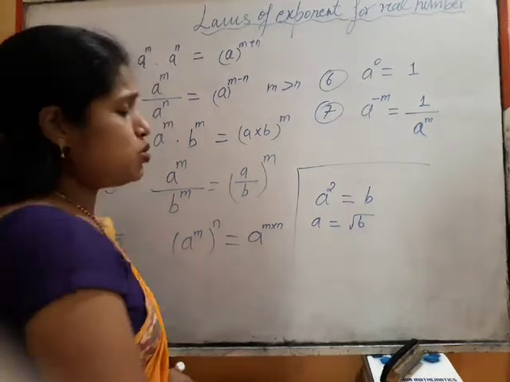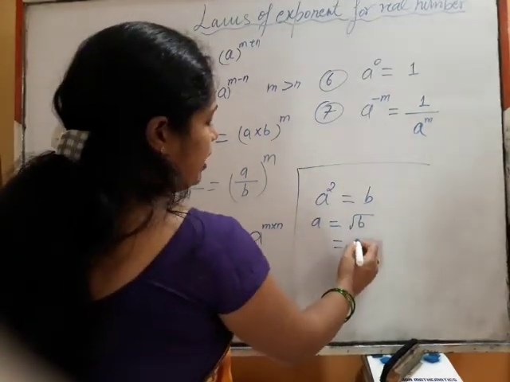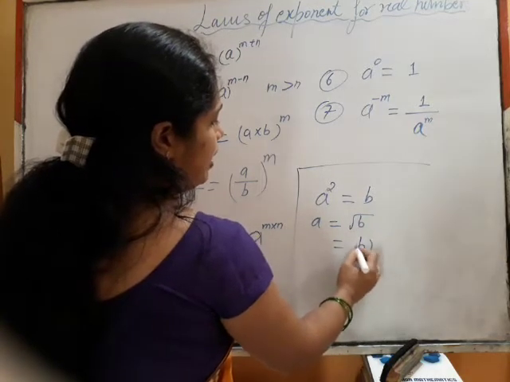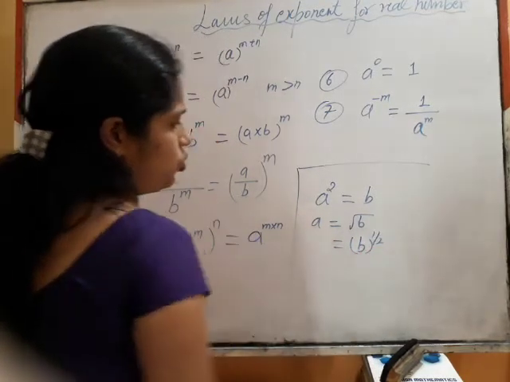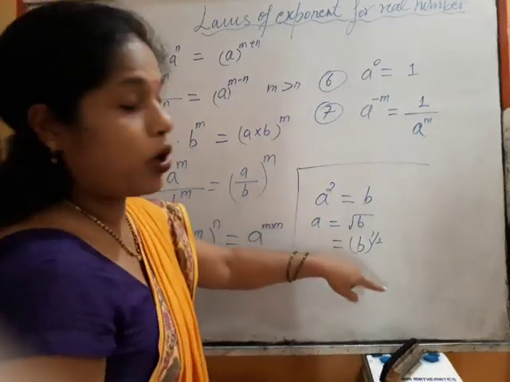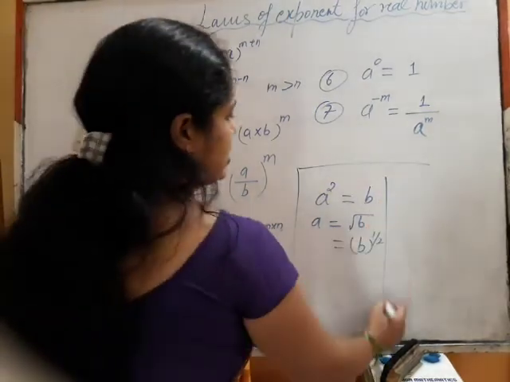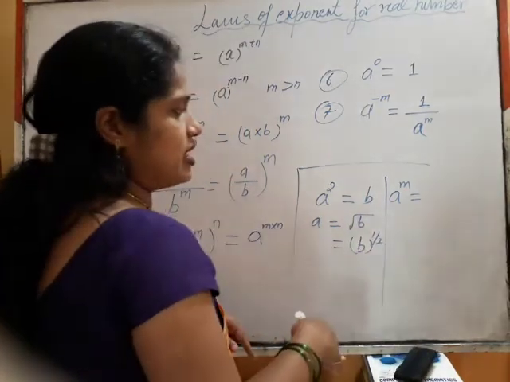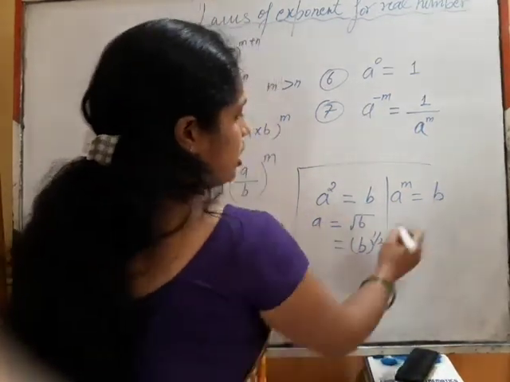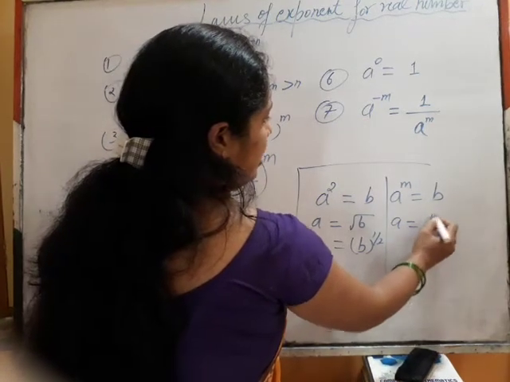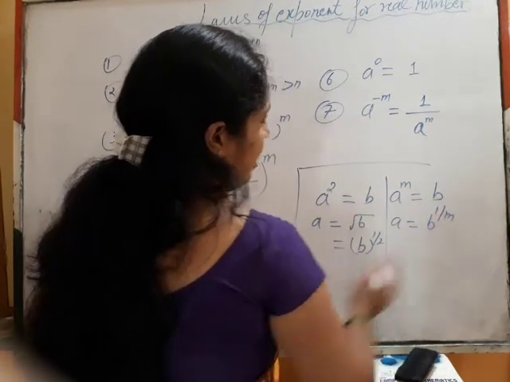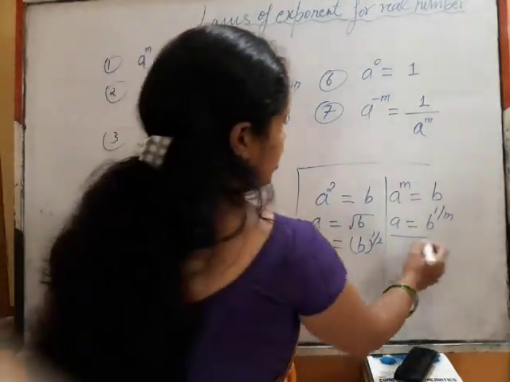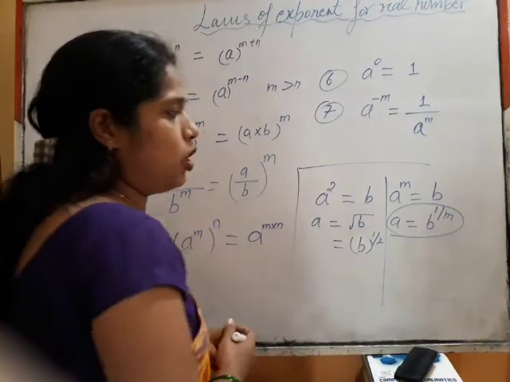Root b means b raised to the power 1 upon 2. So what does this law say? a raised to the power m, suppose any power it is having, is equal to b. So a will be equal to b raised to the power 1 upon m. This is how we are going to follow the laws.